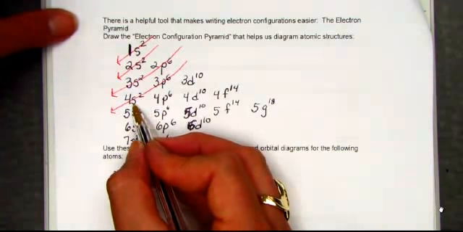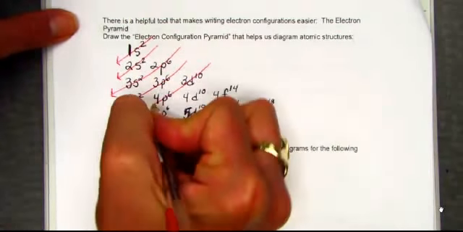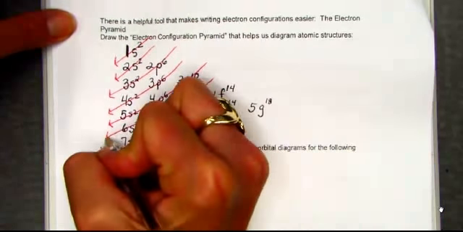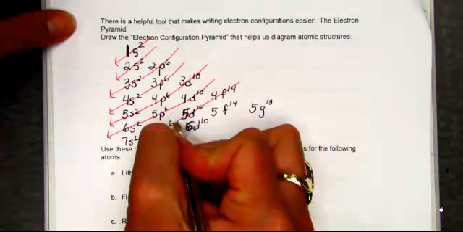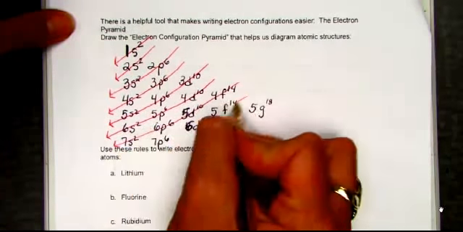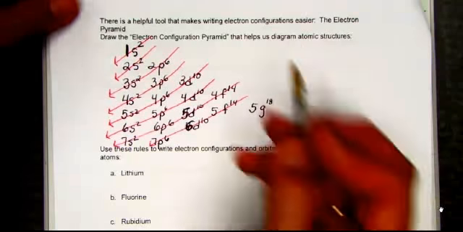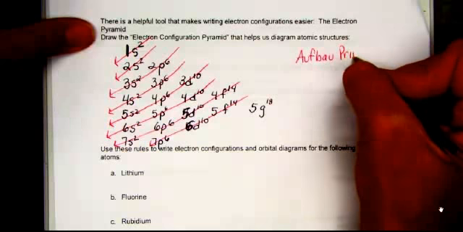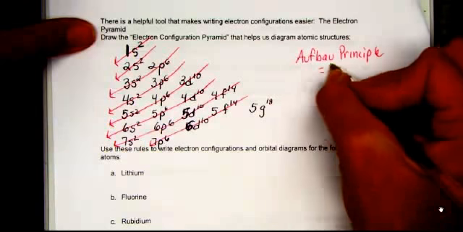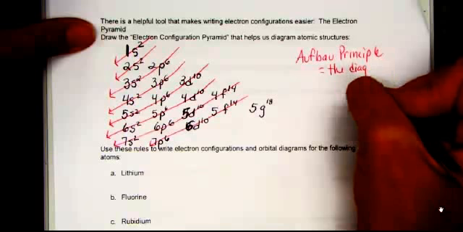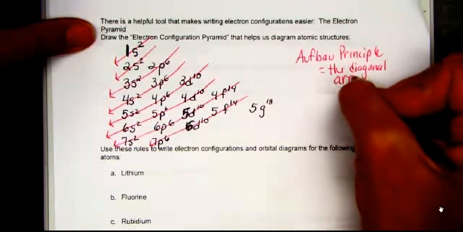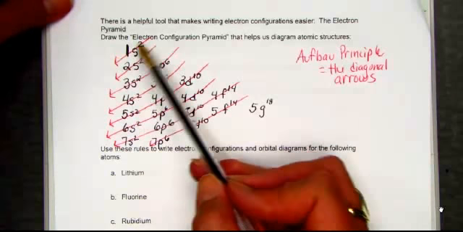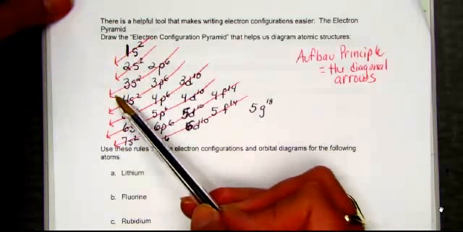Notice how we fill the 4s before we hit the 3d, 4p, 5s, 4d, 5p, 6s, 4f, 5d, 6p, 7s, and so forth. The Aufbau principle, the diagonal arrows, that's allowing me to know, in order, what's the lowest energy level first, and then begin filling.